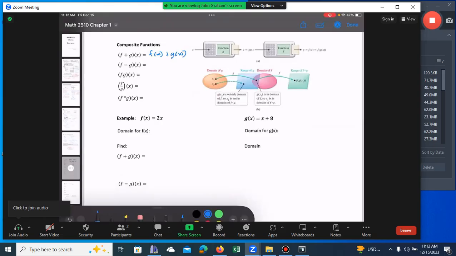If you see f minus g of x, this is f of x minus g of x. If you see f times g of x, this is f of x times g of x. So you may have to FOIL or distribute. F divided by g of x, this is f of x divided by g of x.